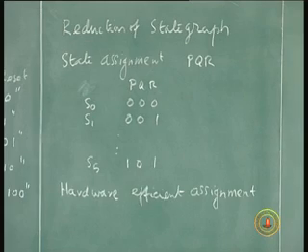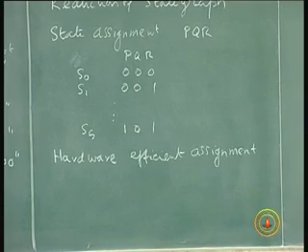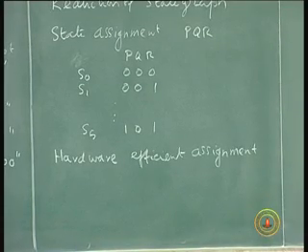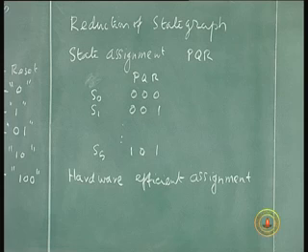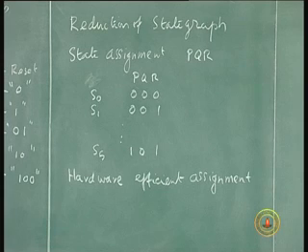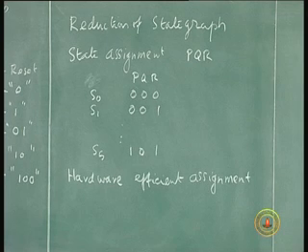By this what I mean is, instead of blindly saying S0 is 0, 0, 0, S1 is 0, 0, 1, S2 is 0, 1, 0, can I use some sort of rule and figure out which state should be next to which state?